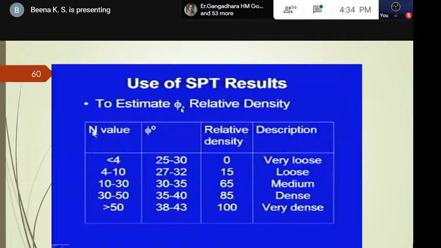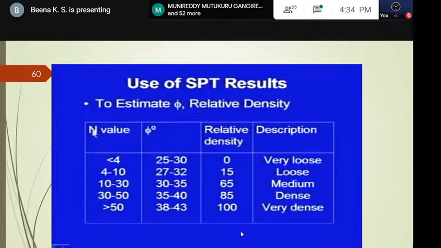So what is the use of getting this N value? Once we get it, we can relate it with the phi value and the relative density. This correlation is based on a huge number of test trials done in the field and in the lab on the same soil.